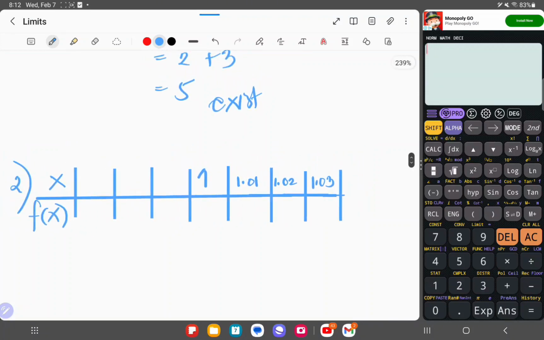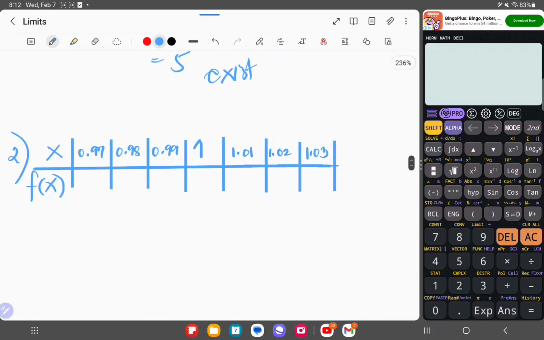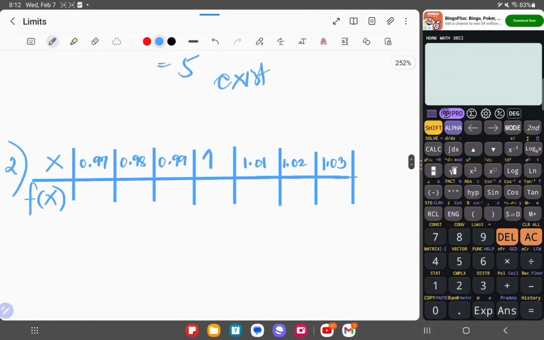On the negative direction or the left side of 1, we have 0.97, 0.98, and 0.99. Now, we have to determine the values of f of x so that we could see to what number our f of x is approaching.